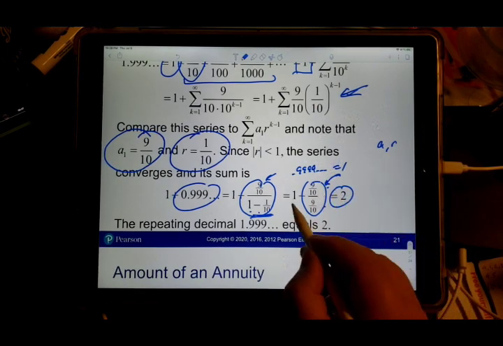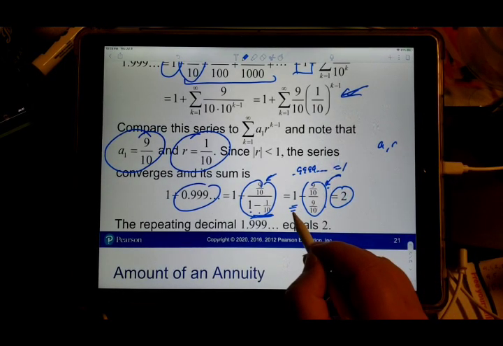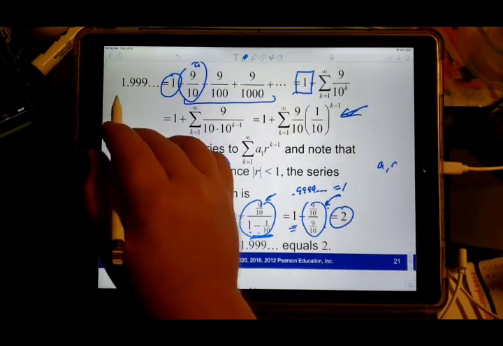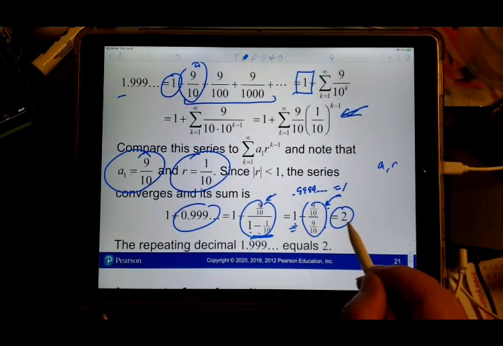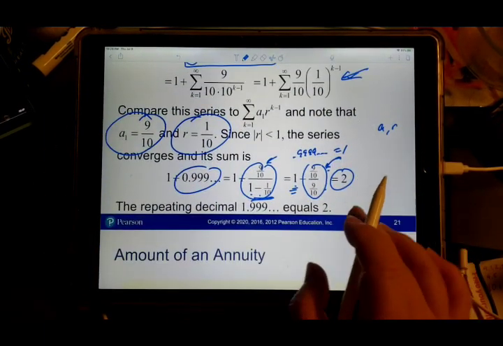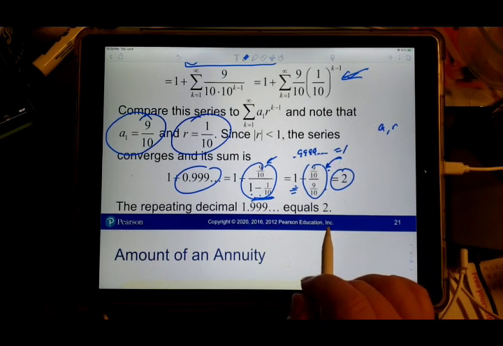The one that was given in the previous problem, because the problem started with 1.999, is there, and so that's why it equals 2.